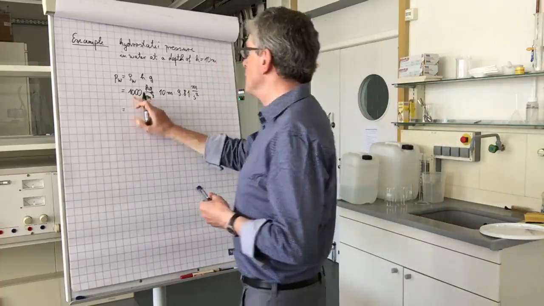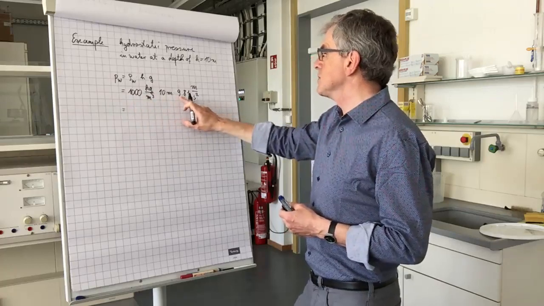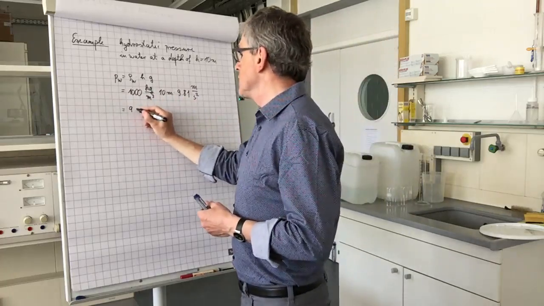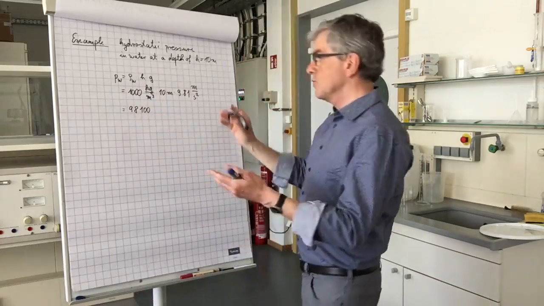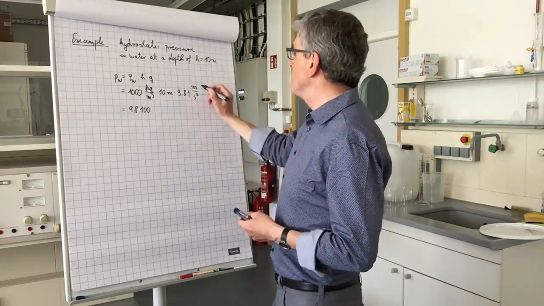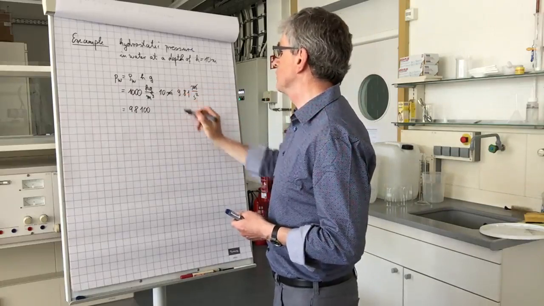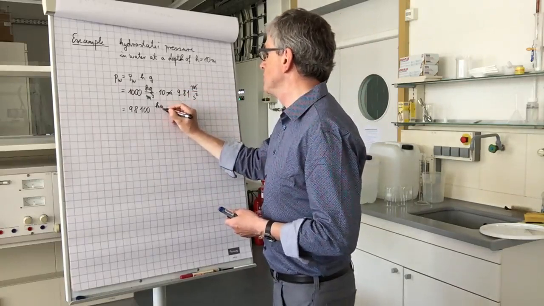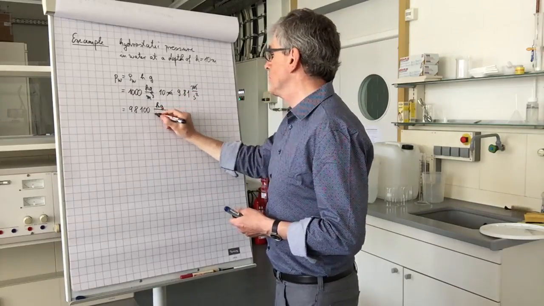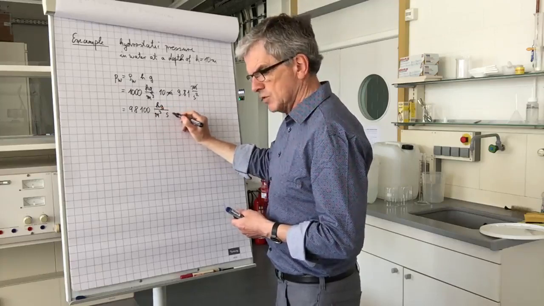So first we multiply 1,000 times 10 times 9.81. That's 98,100. And then we have to care about the units. What we see here, the meter cancels with the meter. And otherwise we have kilogram per cubic meter times second squared.